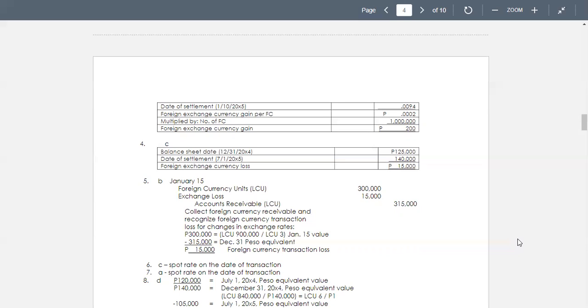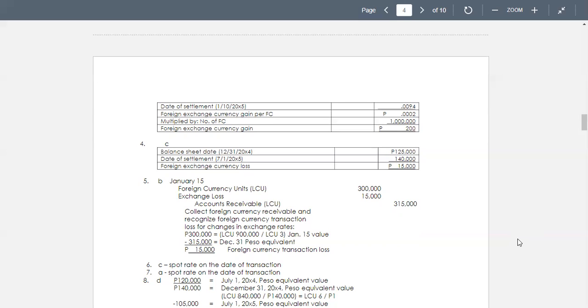So the amount now is equal to 300,000. Then the December 31 peso equivalent is equal to 315,000. So it's given. Now the difference we credit to accounts receivable.